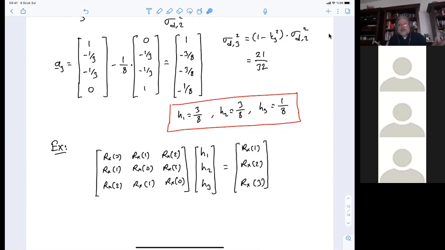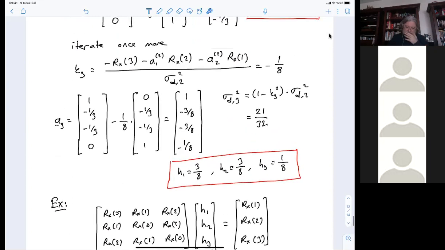And it will be useless. It will become more and more difficult. Whereas using the Levinson recursion, you come up with these results, and you can immediately proceed to the length 4 version using an iteration. And the iterations are very simple. You do this, and then you fold the two vectors like this.